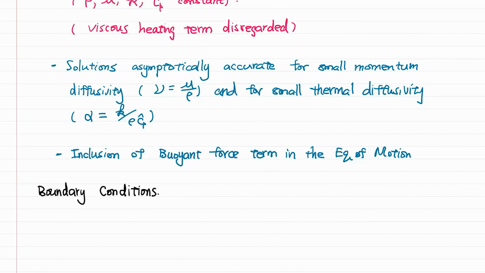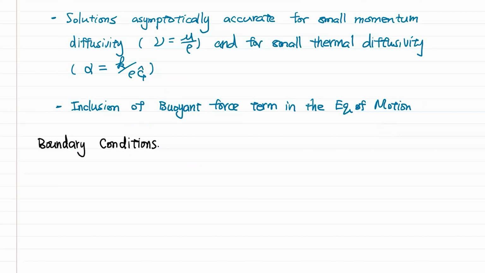So we will adopt a lot of these from the momentum balance part. First, we know that there are still no slip conditions at the boundaries. So Vx equals Vy equals 0 at the solid surface.